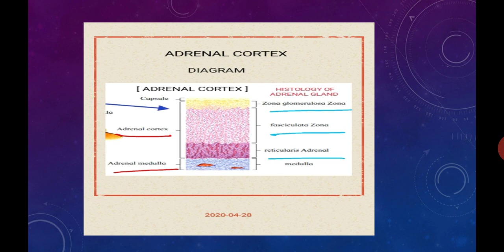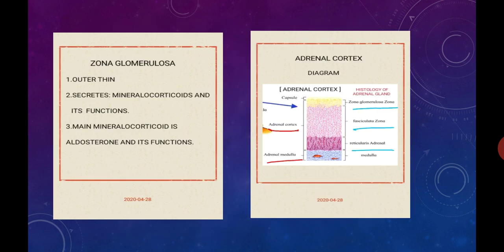Let's start with the first region, which is called the zona glomerulosa. Point number one, it is the outer region. It is thin in nature. So it is the outer thin region of the adrenal cortex. Number two, it secretes a hormone known as mineralocorticoids, and the functions of mineralocorticoids are as follows.